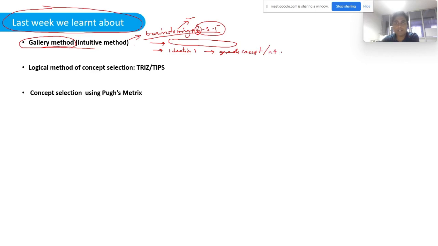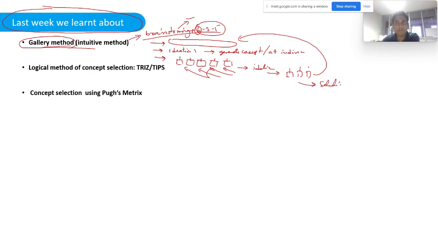Next, they hang all the concepts on a wall, and all the participants review all the concepts and suggest improvements to each other's concepts. Then ideation phase 2 happens, and a new set of concepts gets generated. This process repeats a certain number of times, and after that they carry out a selection process.